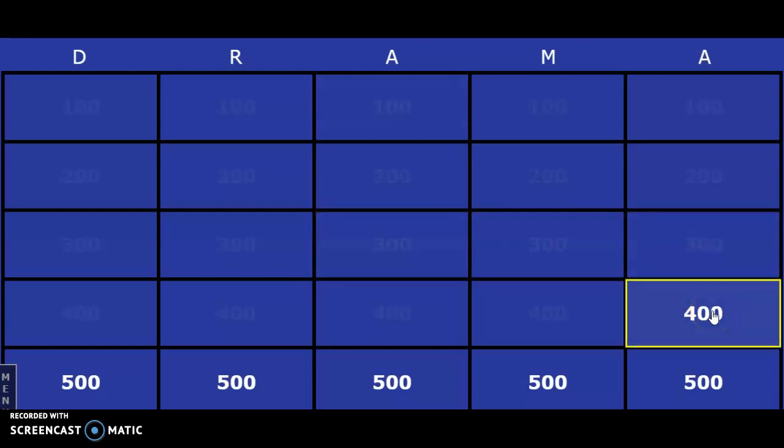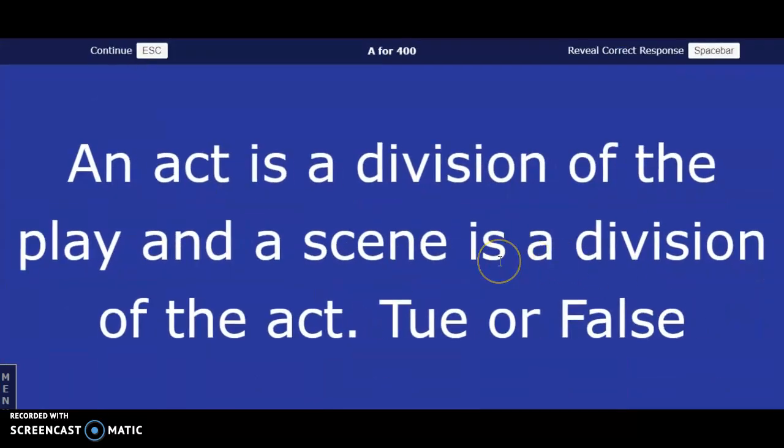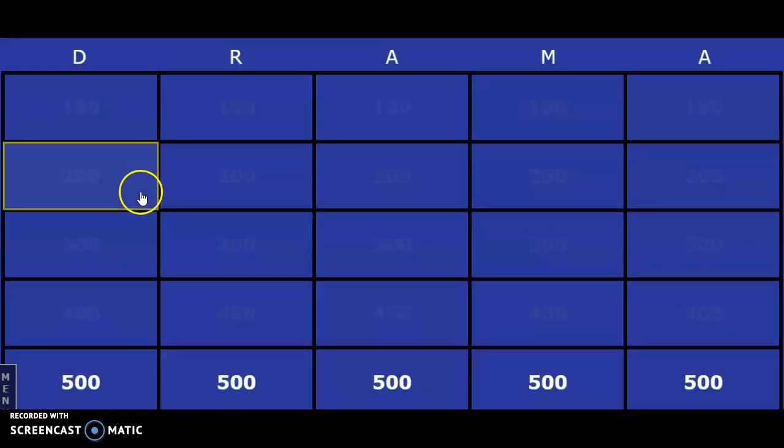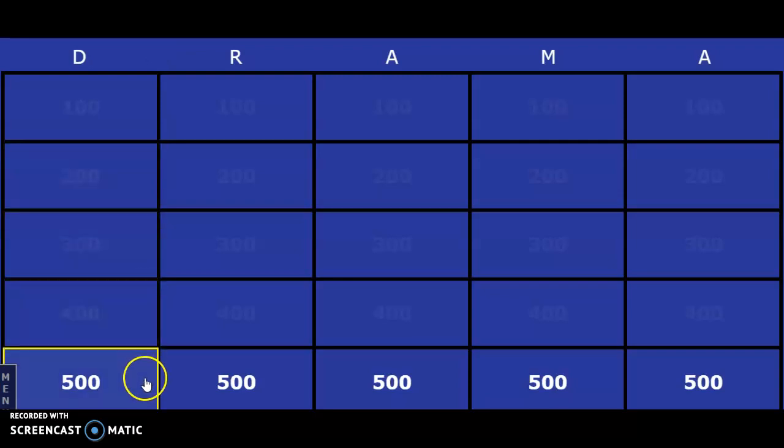A400. An act is a division of the play and a scene is a division of the act. True or false? 3, 2, 1. What is true? D500.